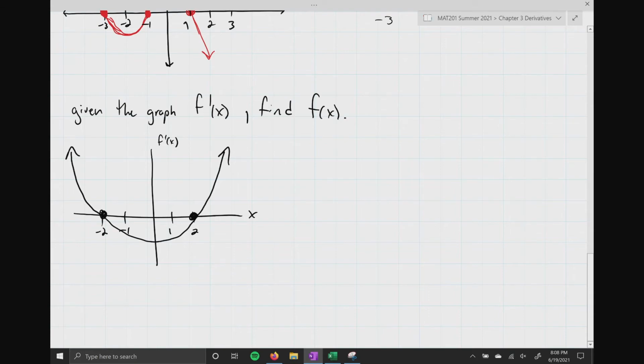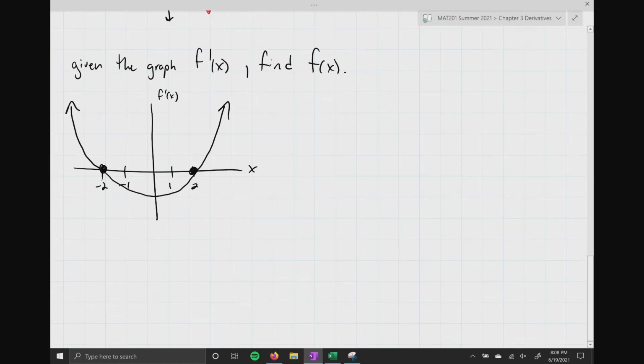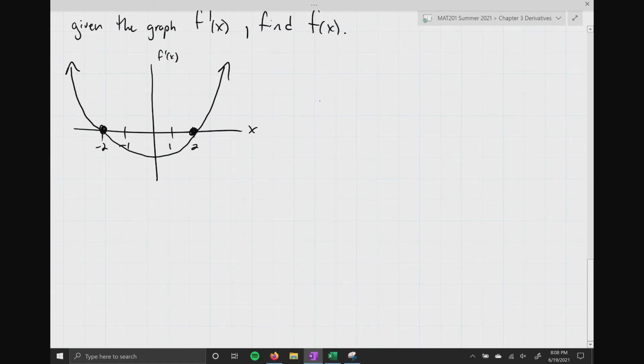All right, so there we go, just a simple little parabola, okay? Now, if you think about this, let's draw right underneath x and f of x. Here's what we know. We know f prime of negative 2, derivative equals 0.